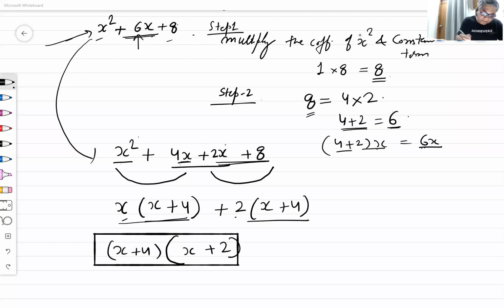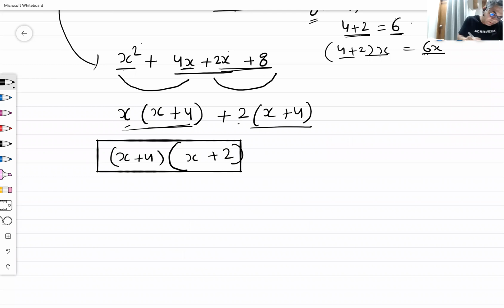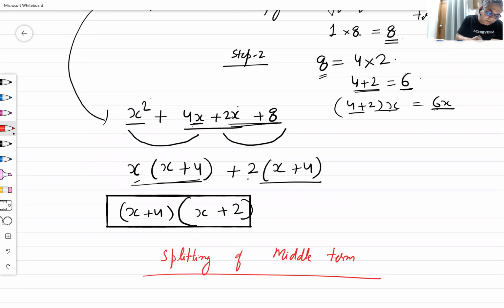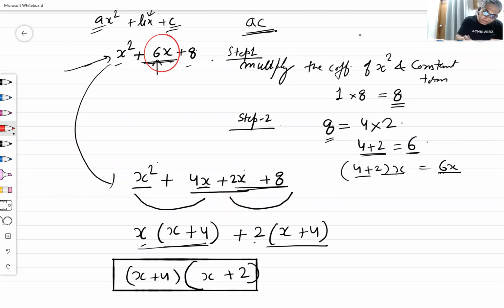This method is known as splitting of middle term. So now you can see, and you can feel also, we split this middle term here into this. Is it clear?